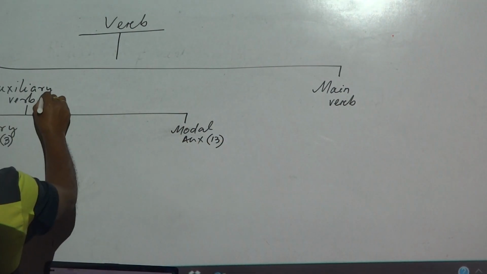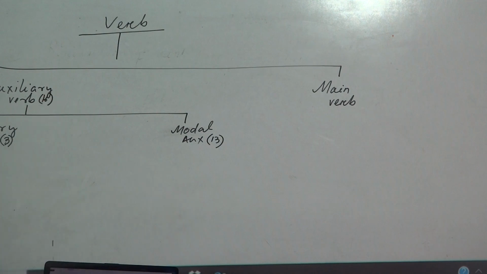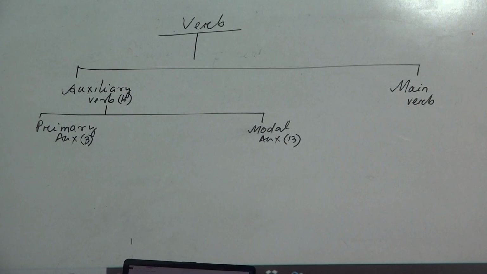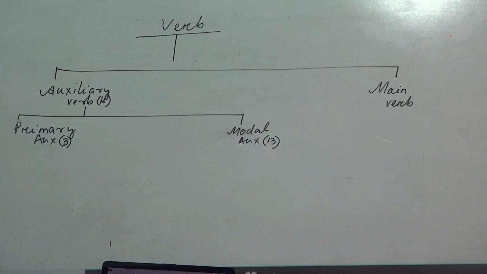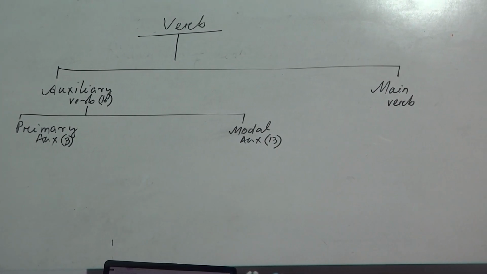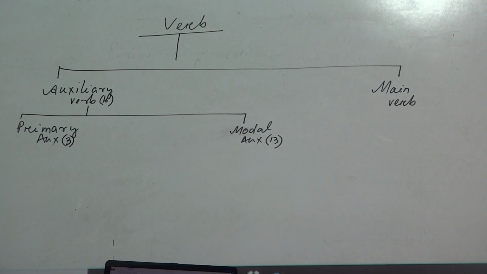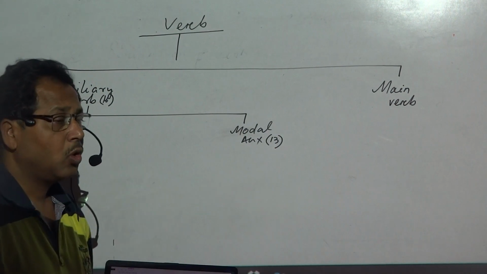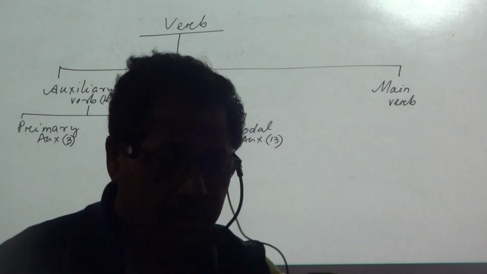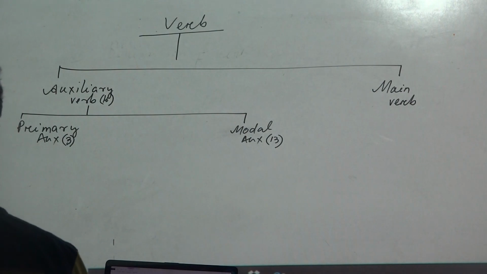In total, auxiliary became 16 verbs. If you know these 16 verbs, then you can easily identify whether a verb is an auxiliary verb or a main verb.